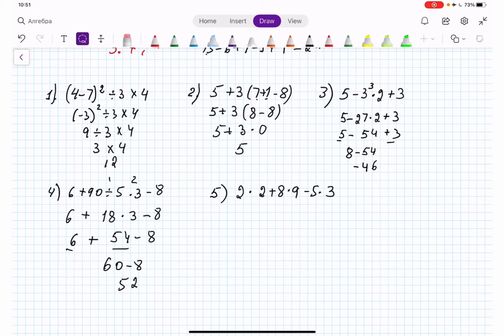First operation. This multiplication, this multiplication, this multiplication, and then addition, subtraction, so we'll add and subtract. So 2 times 2 is 4 plus 72 minus 15. So 4 plus 72 is 76 minus 15. It's going to be 61.